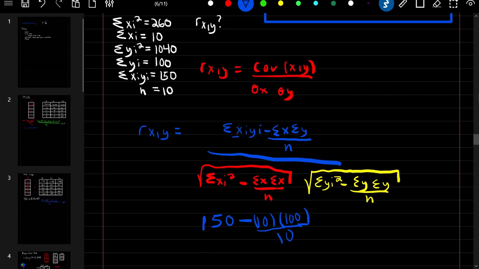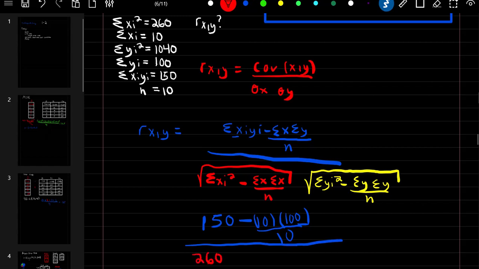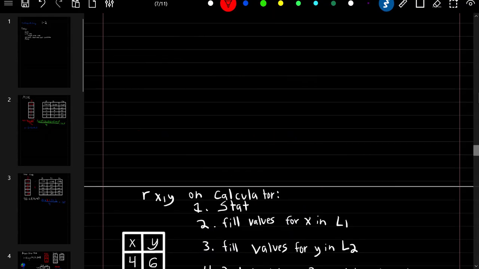And then for the denominator, it's going to be the summation of xi squared, which we can see is 260, minus the summation of x, which is 10, times the summation of x, which is 10, divided by n, which is 10.